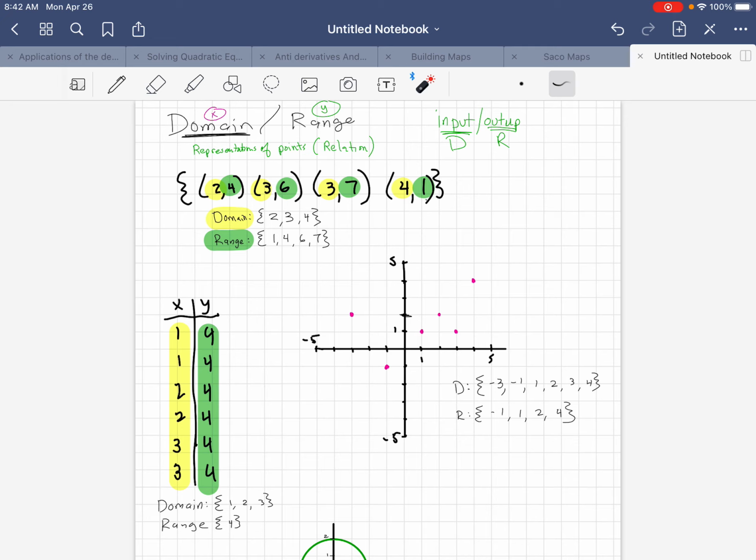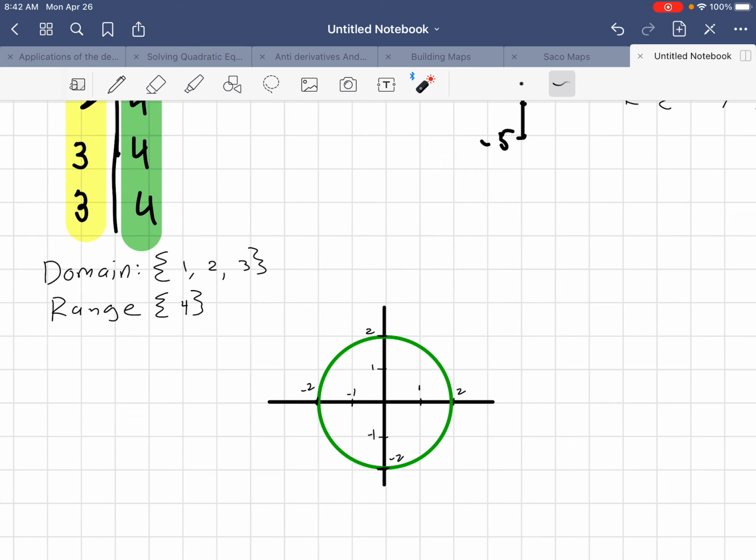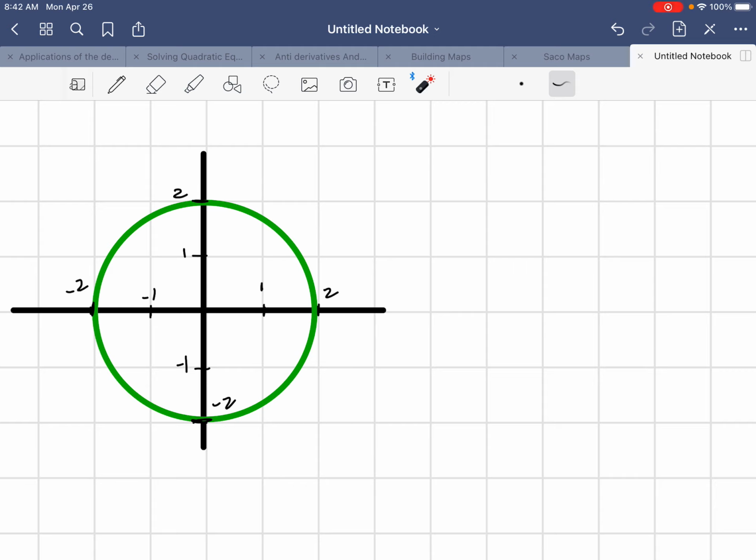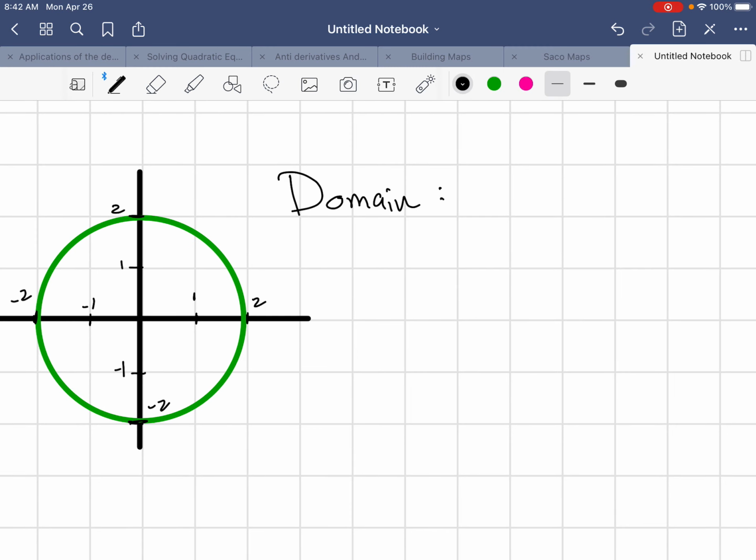So when you see a set of points, you can list the numbers in the domain and range. When you see a situation like this, however, it's a little bit more confusing because we're really getting points everywhere. Everywhere you see a part of this curve here, there's really an infinite number of points. We really can't list them all. So we can kind of say a few different things.